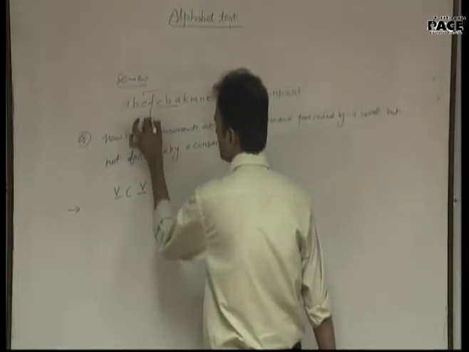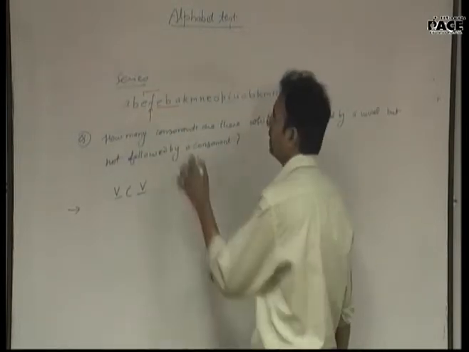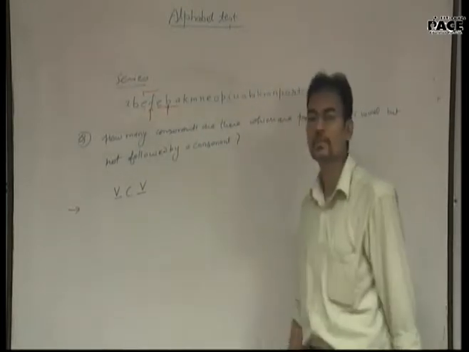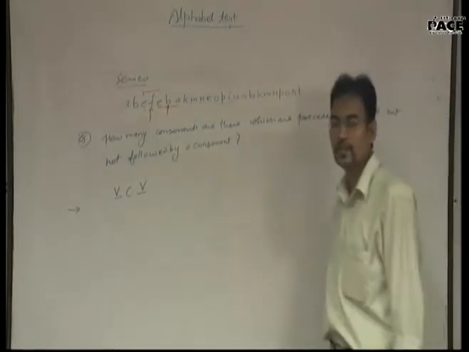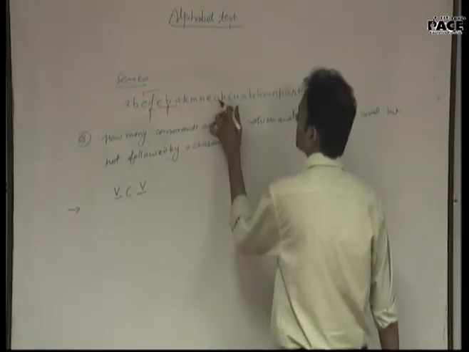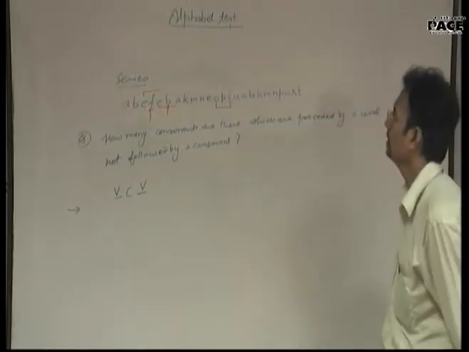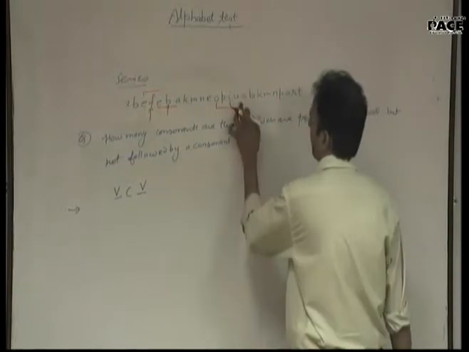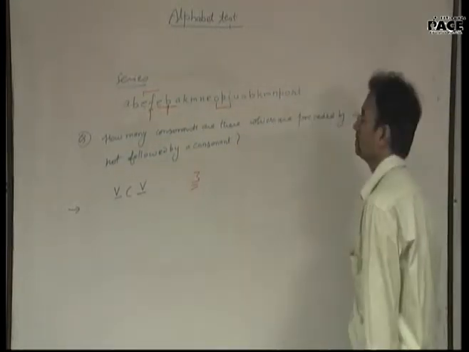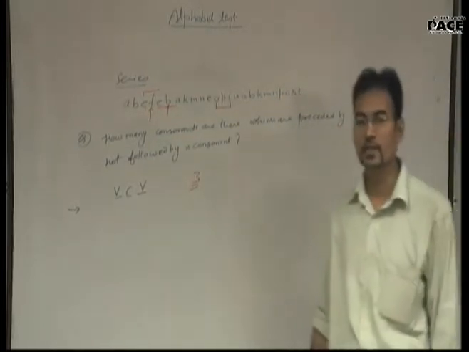So this is one consonant which is preceded by a vowel and followed by a vowel, not a consonant. Similarly, this is another consonant which is preceded by a vowel and followed by a vowel. Now we can find out here as well. P is preceded by a vowel and followed by a vowel. So three such consonants are there which are preceded and followed by a vowel.